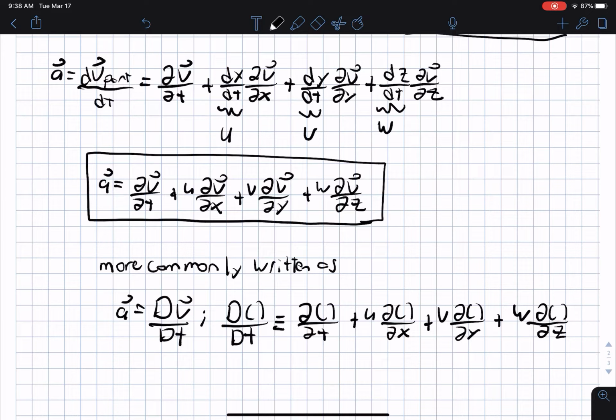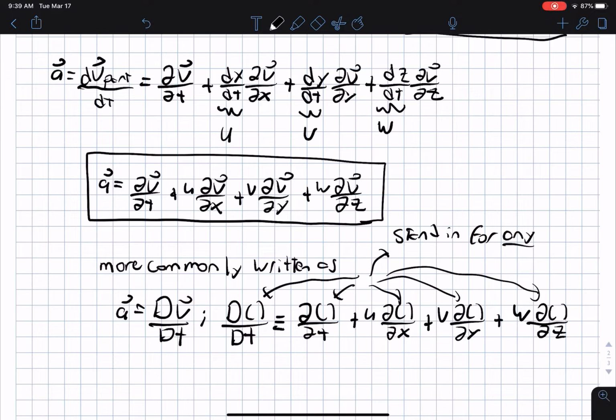And so these empty things here are stand-in for any quantity. Okay.